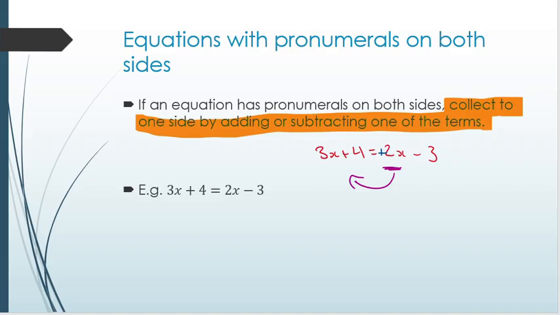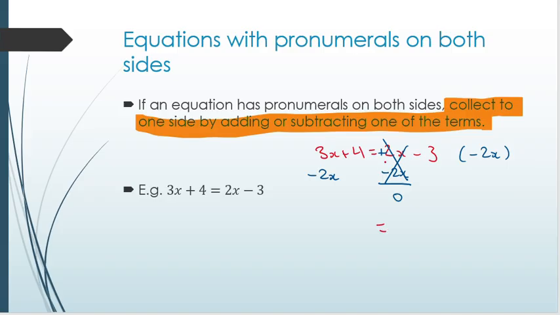So the inverse operation I am going to apply is minus 2x, to both sides of the equation. Now the 2x on the right side just disappears completely because it turns to 0. Kaput. That's all it is.